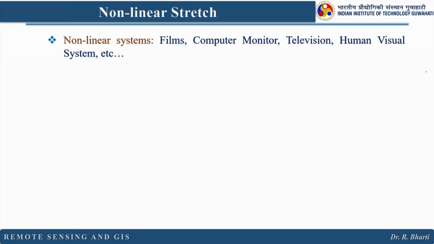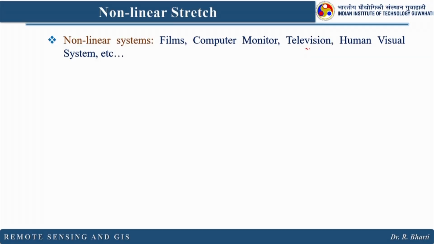In films you can see the contrast, and on a computer monitor you can see all the lines, boundaries, edges very clearly. So that means it is giving you good contrast in terms of a non-linear system. And then television, the human visual system. So these are very good examples of non-linear systems.